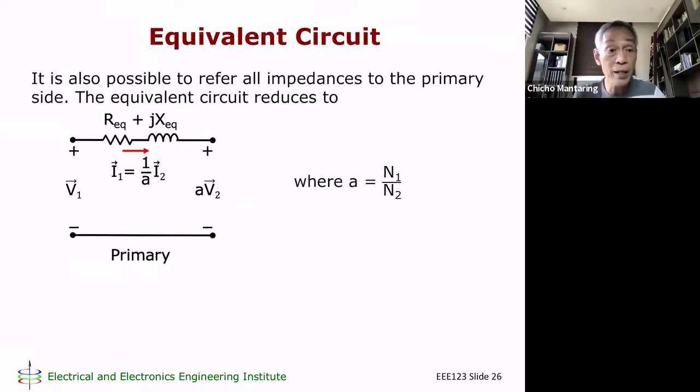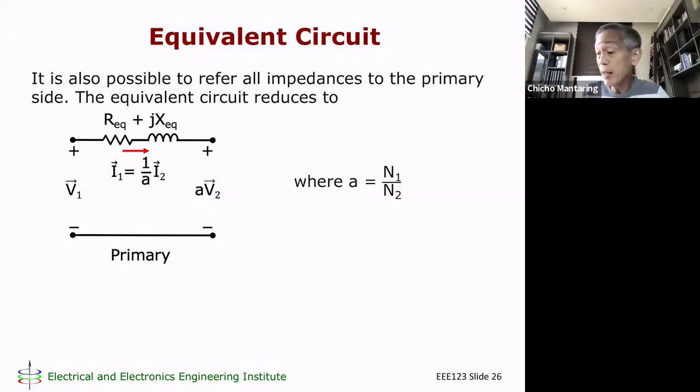Pinapakita lang dito is yung primary side. Okay. So your I1 is just 1 over 8 times I2. And then this is your V2 referred to the primary, 8 times V2.